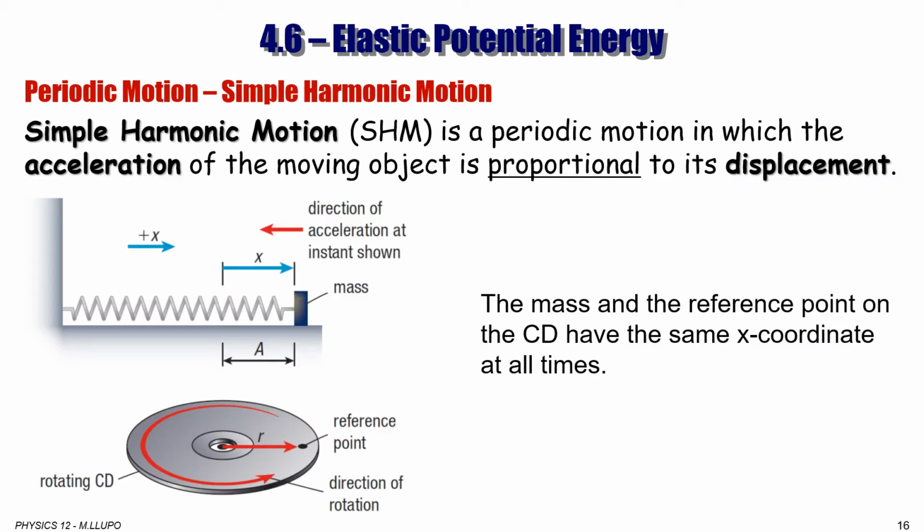Again, simple harmonic motion is a periodic motion in which the acceleration of the object is proportional to its displacement. That means when the displacement is maximum, then acceleration is maximum, because the force reaches the maximum at maximum compression. When it goes to zero, then acceleration is zero.